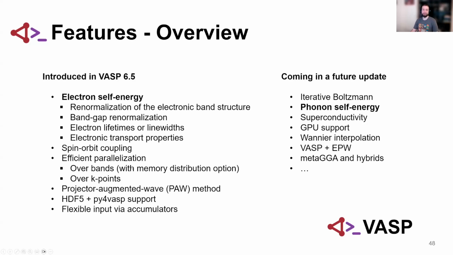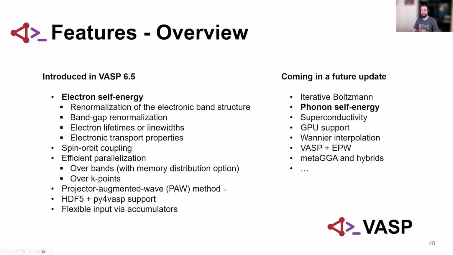The code works already with spin-orbit coupling. These are things that I didn't explicitly mention, but as a feature list I want to mention here. Spin-orbit coupling is supported. We have extremely efficient parallelization schemes. You can either parallelize over bands with different memory distribution options or over K-points.